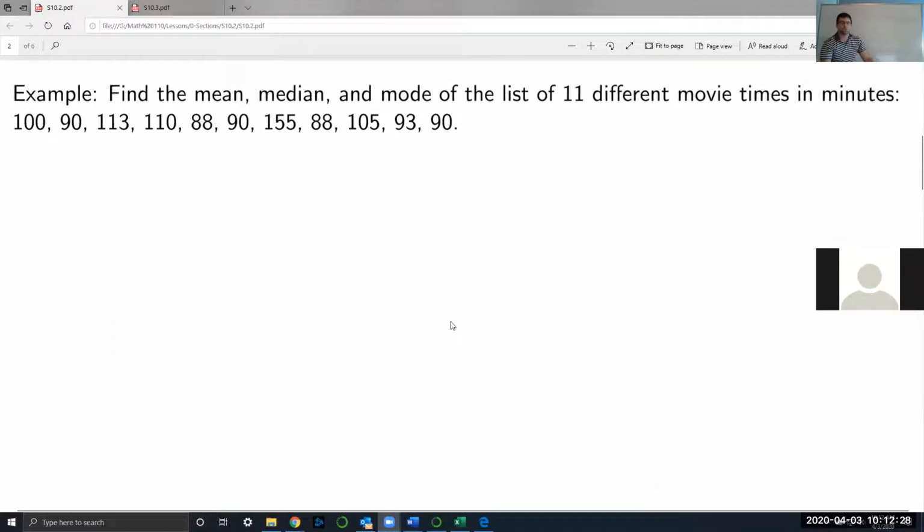So, as an example, let's find the mean, median, and mode of this list of 11 different movie times in minutes. So, first it might be helpful to list them in order.